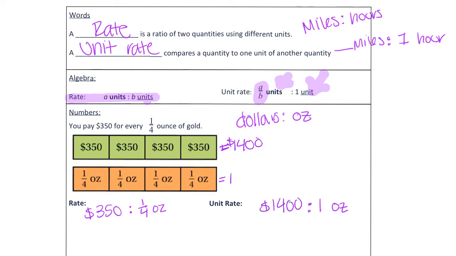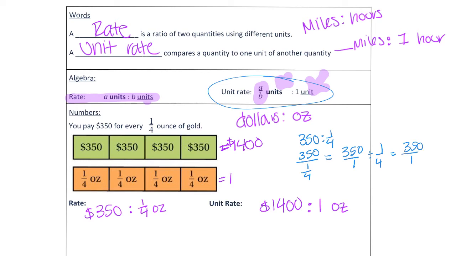Or if we do it like up here, we have 350 to 1/4. I'm going to take 350 divided by 1/4. Then I keep the first fraction the same, 350 over 1.